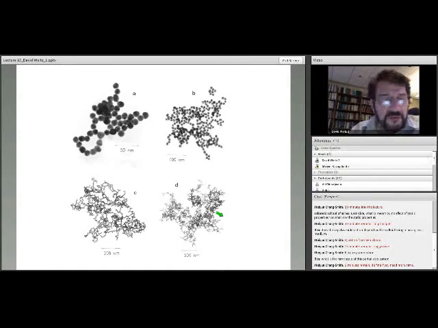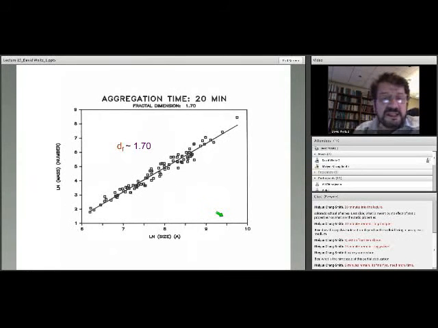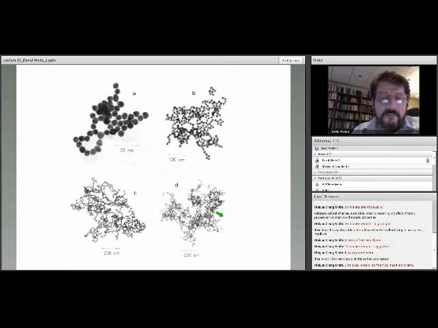If I calculate the mass of these particular aggregates, I can do that just by counting the number of primary particles that make up the aggregate, and calculating the size. I can calculate, for example, the radius of gyration of these structures, and I plot the mass as a function of the size on a log-log plot. Here's the log of the mass plotted as a function of the log of the size.